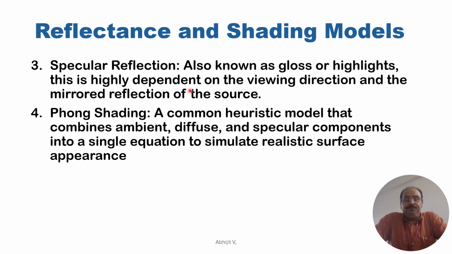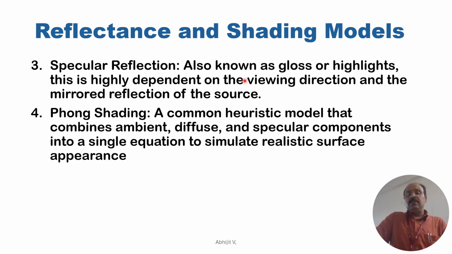Specular reflection, Phong shading. So the other 2 reflectance and shading models. Specular reflection, which means that depending upon the angle at which the light is incident, there is a change. The way the objects look, make different shapes.